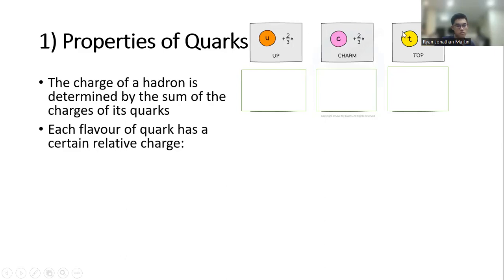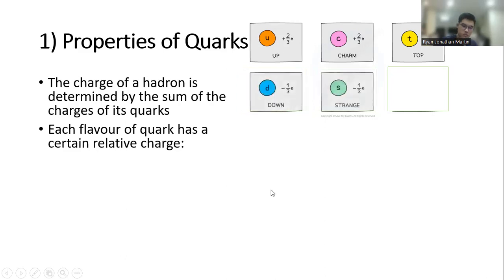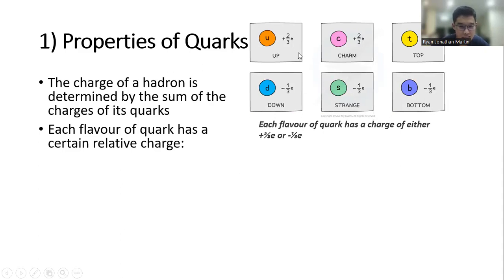All these on top will have 2/3 E. Why is it when they have the same charge, they're not really the same particle? They are different particles. We don't need to know further than that. We just need to know how to add them up and how they combine. So all this bottom one is minus 1/3 E.